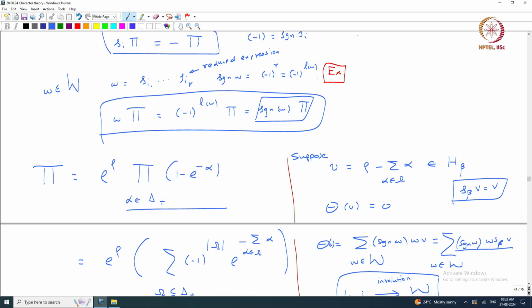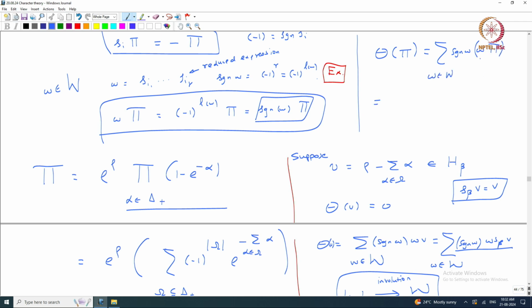So, using this we are supposed to compute theta of pi. Just use the fact that w pi is nothing but sine w pi, then using that you can easily conclude that theta of pi is nothing but summation sine w, w pi, w in W.